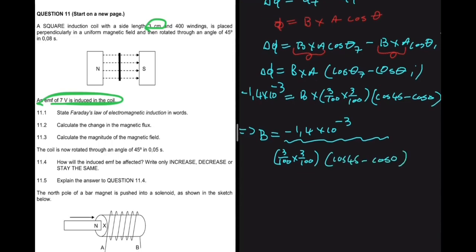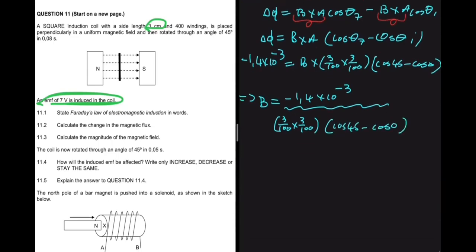If you put that in your calculator, you should get 5.31 T, Tesla. That's the SI unit of magnetic field.